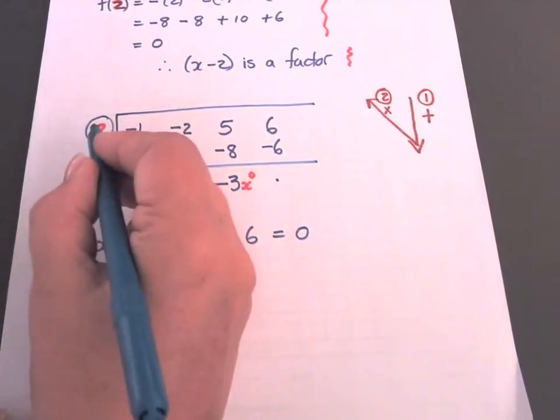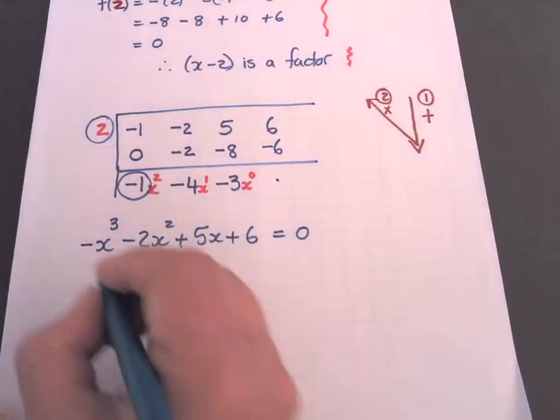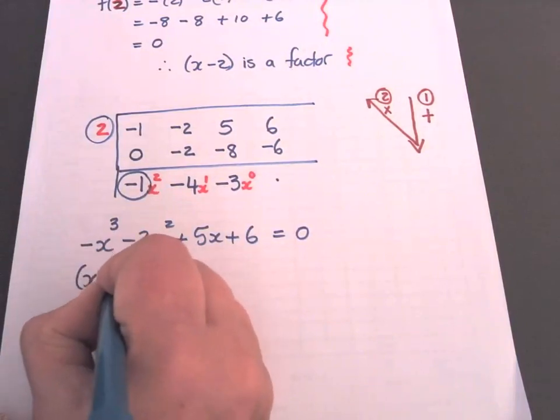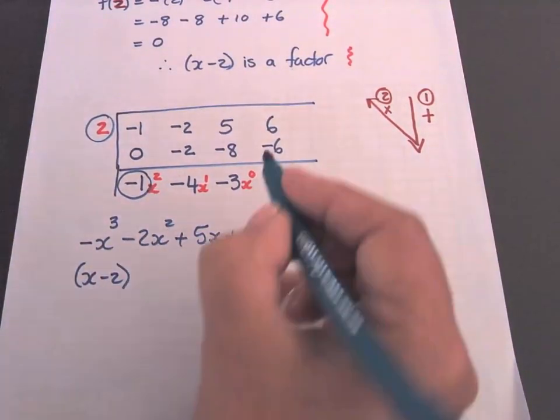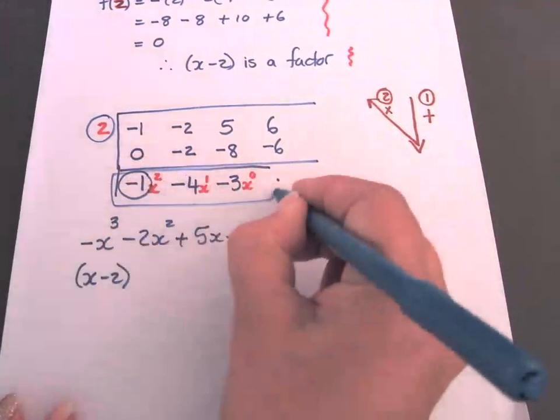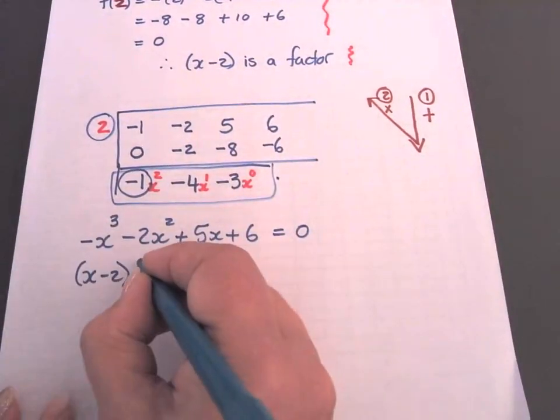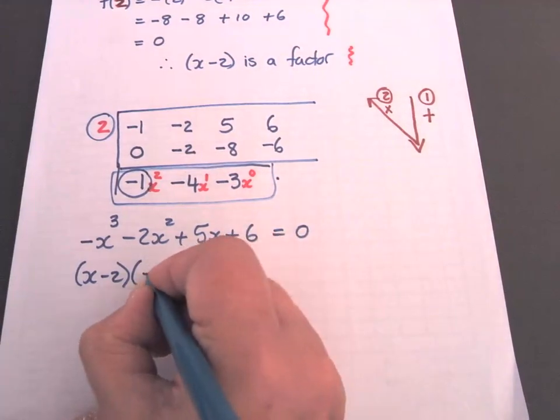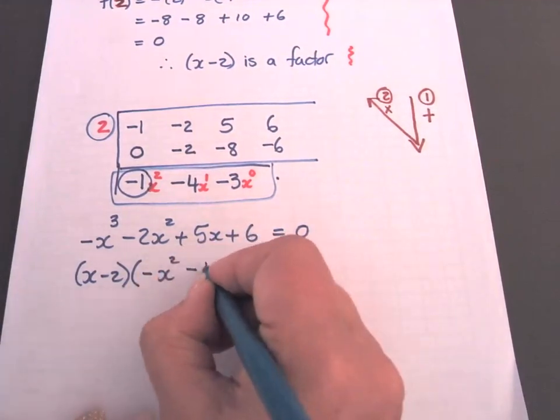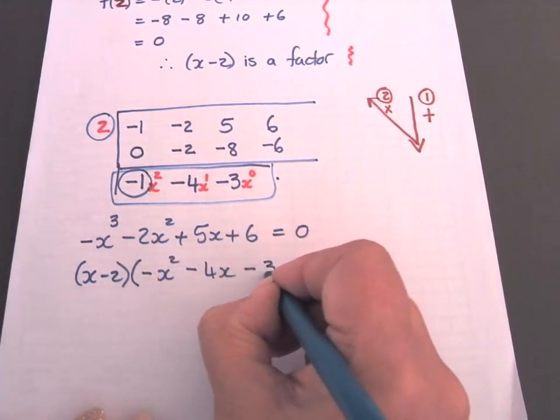We saw that our first factor is x minus 2. So x minus 2 must be multiplied with this, and then you'll get that. So our next factor will be negative x squared minus 4x minus 3.